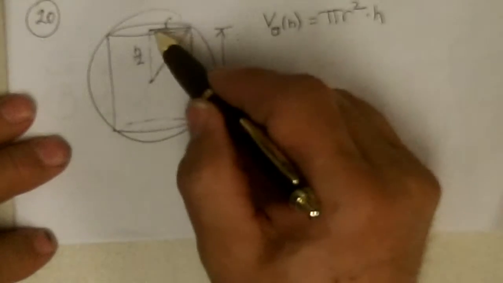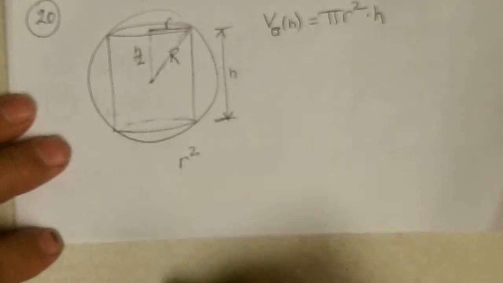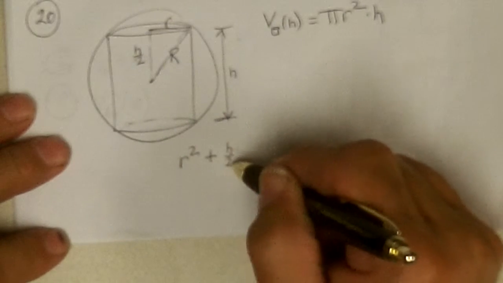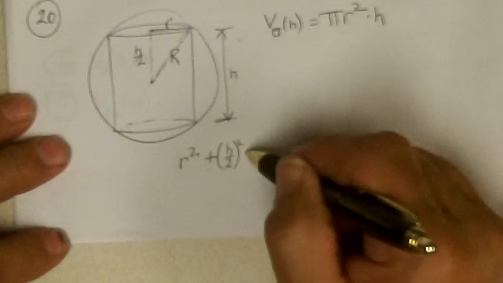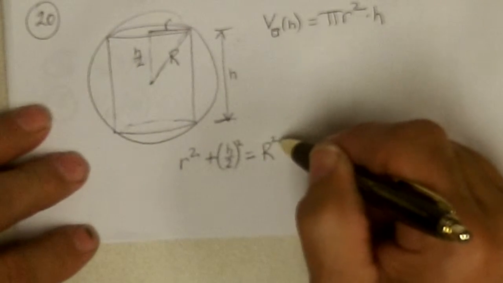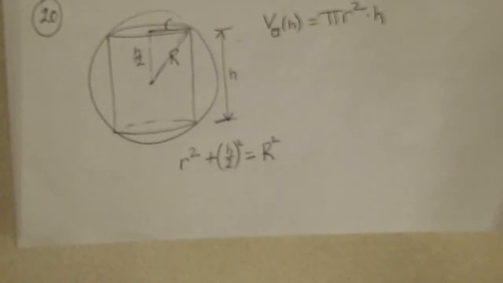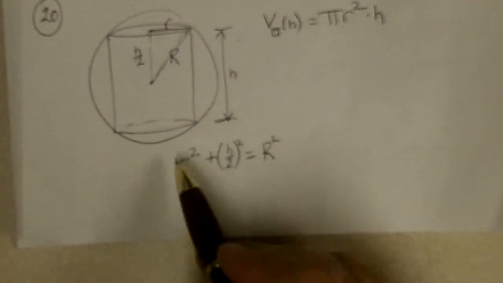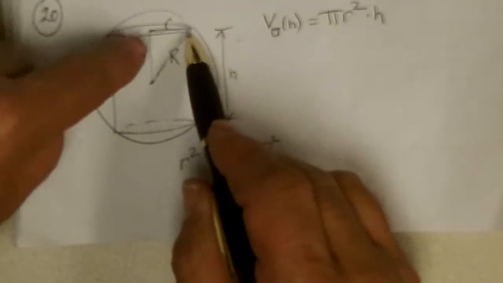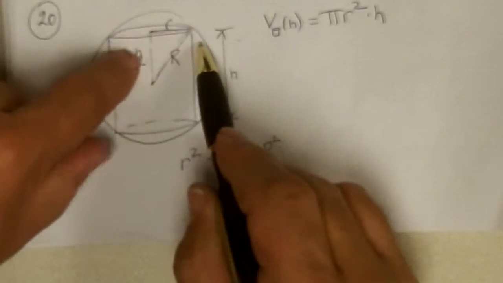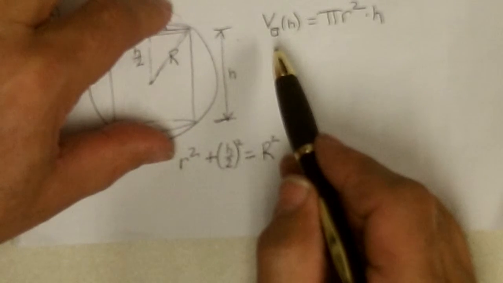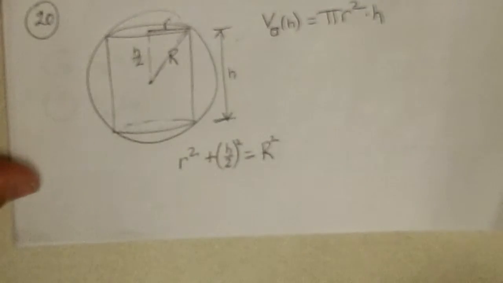It says leg squared plus leg squared is hypotenuse squared. And I can use big R because it's constant. It doesn't change. But little r and little h change as you change the width of the r. The cylinder gets smaller. If you move it shorter r, the cylinder gets taller.